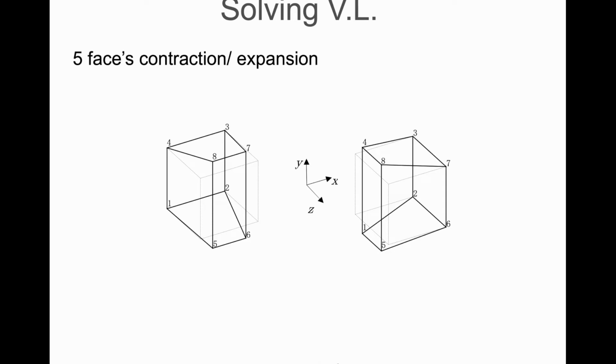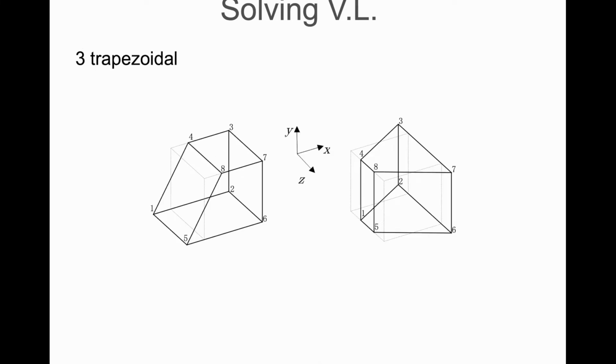Then we add 5 deformation modes where we have one of the faces compressing and stretching in the perpendicular direction. That gives us 5 faces, because the sixth one will be dependent, so it can be obtained by combining the other 5. And finally, 3 trapezoidal.